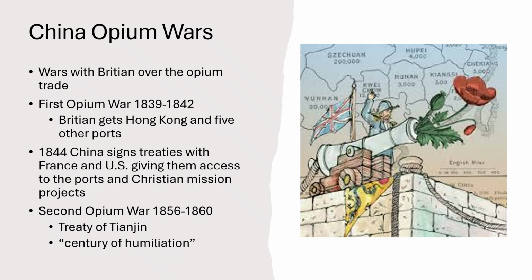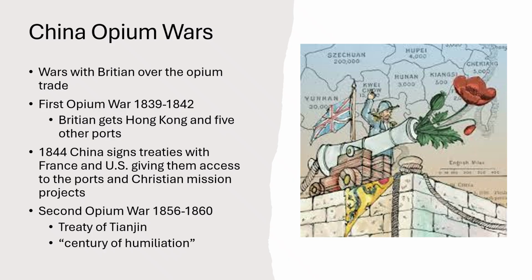The port cities were there essentially just as trading ports. Now, remember, prior to this, there was only one trading port that was available to Europeans, and that was in Canton. So this is a huge opening up of China to the West.